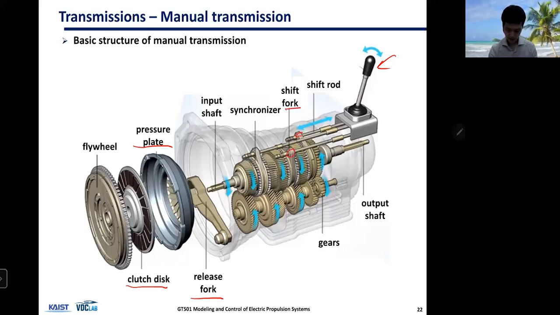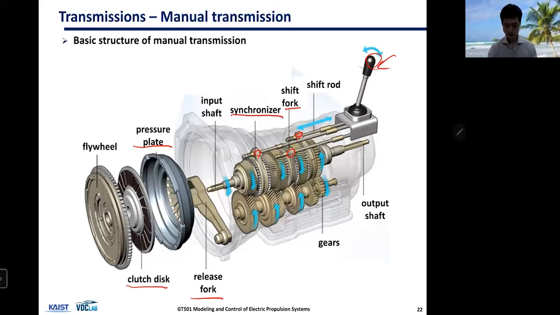There's one here, there's one here, there's one here, and by moving this shift knob, you can actually move this shift fork. And what this shift fork does is it engages and disengages different gears, and it does that by engaging this synchronizer.